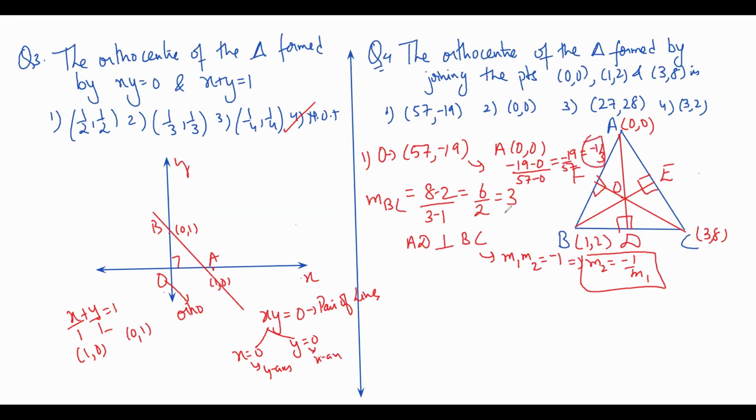Because if the slope of BC is 3, then the slope of AD should be -1/3, and my answer comes out to be option 1.